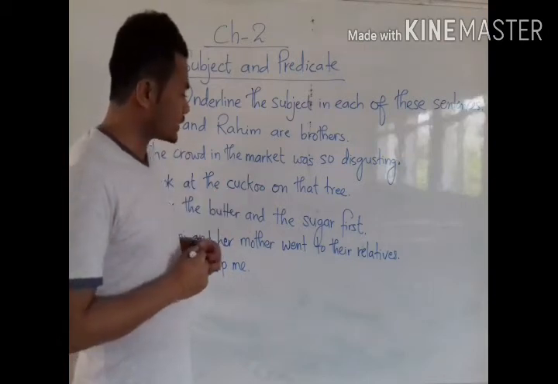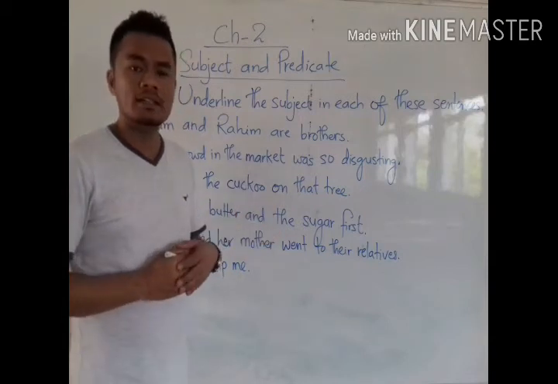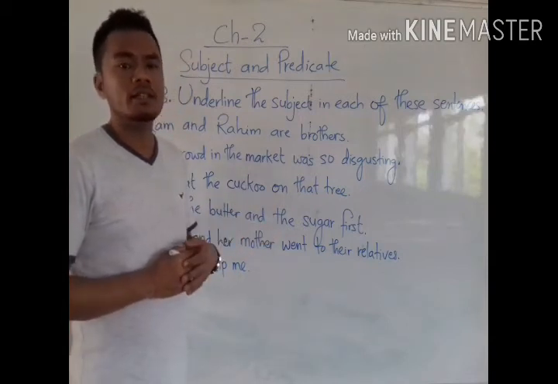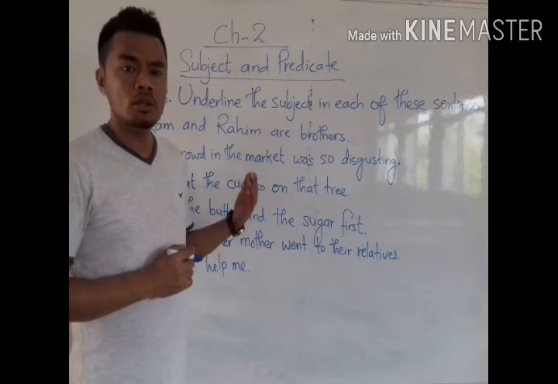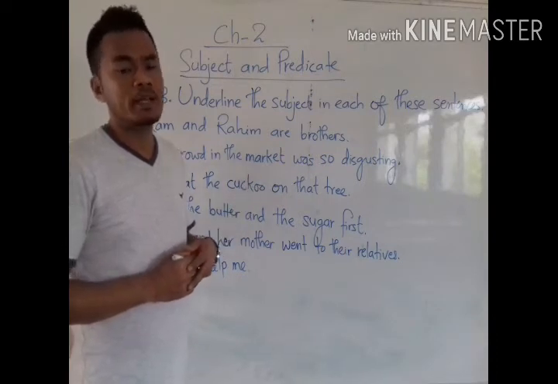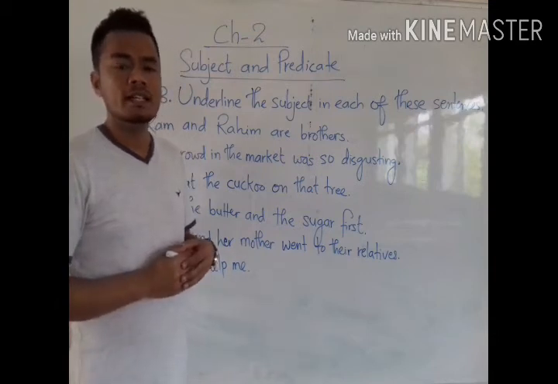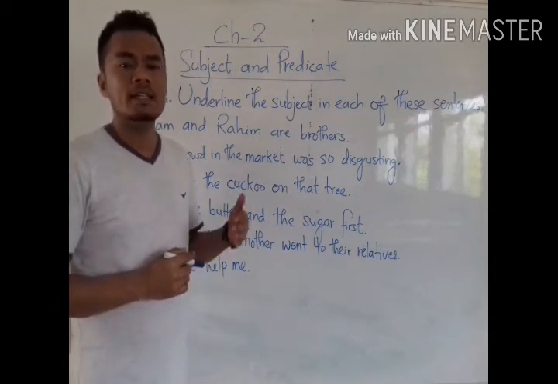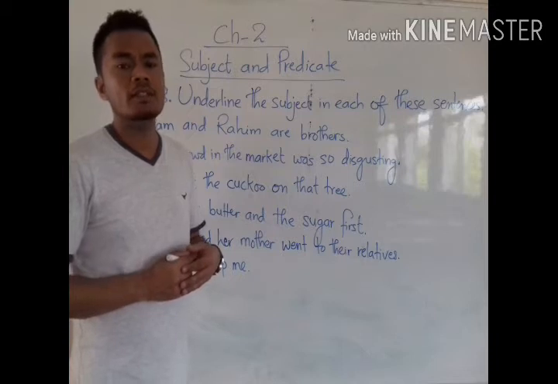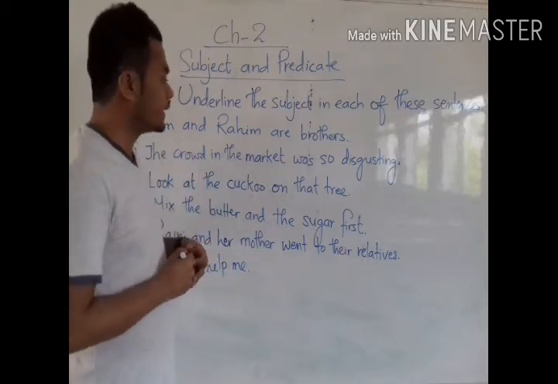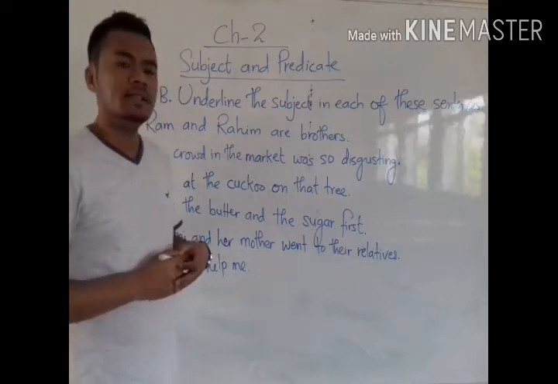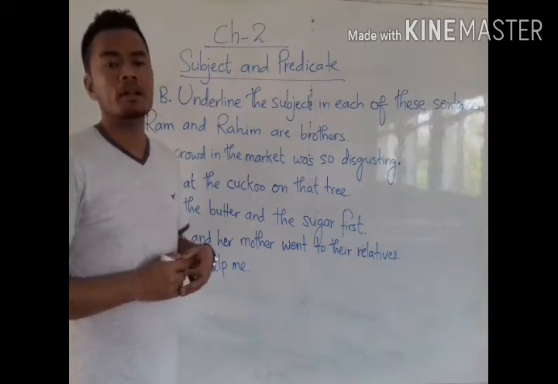In our previous class we mostly learned to identify subjects and predicates in assertive sentences, and I also told you that in the case of assertive sentences it is very easy to find the subject and predicate, because verbs are the main part of the predicate.